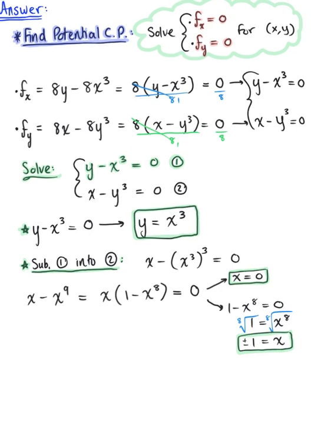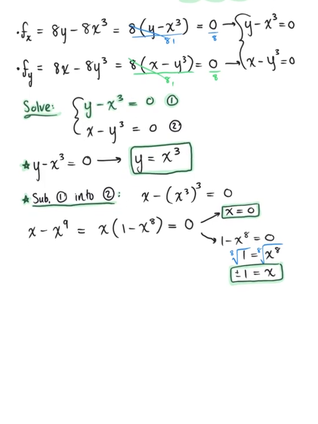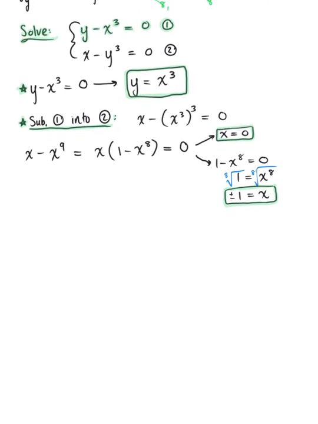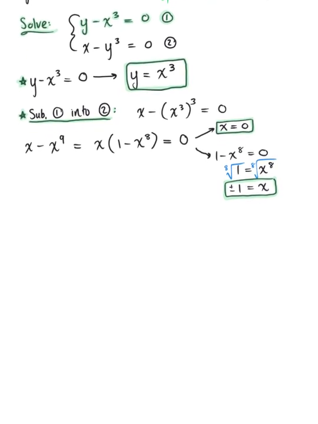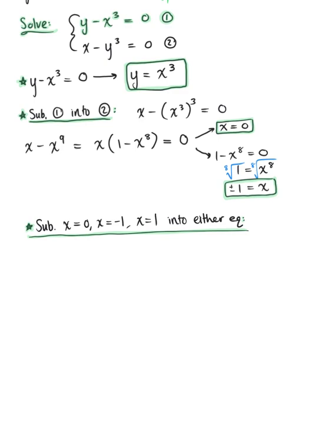Now that we have these x values, we want to go ahead and find their corresponding y values. We're going to substitute x equals 0, x equals -1, and x equals +1. We can substitute these into either equation to find y. Conveniently enough, the first thing we did was solve equation 1 for y.